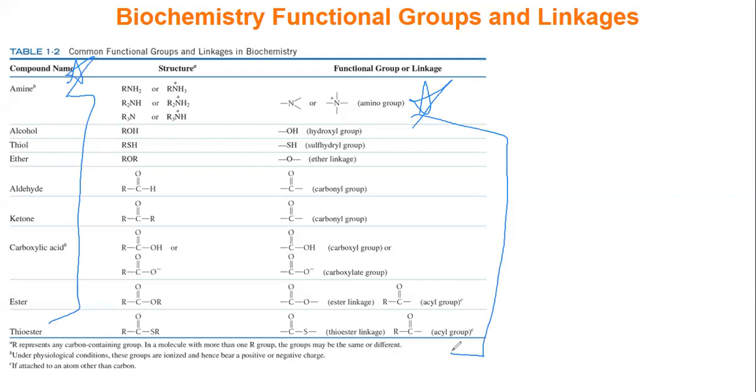The reason I'm having you do this is that it saves a lot of time when we're looking at proteins and I say, the carbonyl carbon of aspartic acid 132 is making a salt bridge with the amino group of the N-terminus alanine, alanine 1. I don't want that to sound like gibberish forever. I want that to be understandable at some point to you. The only way for that to happen is for you to know these functional groups.